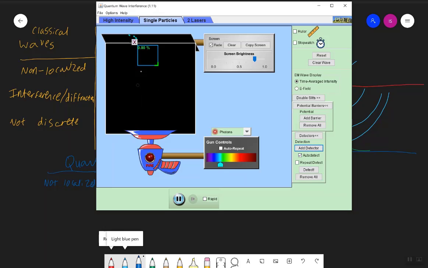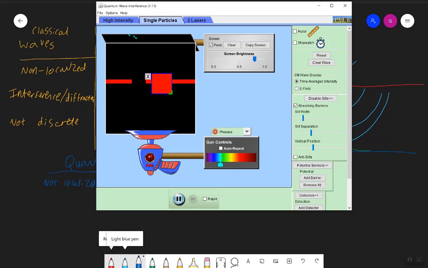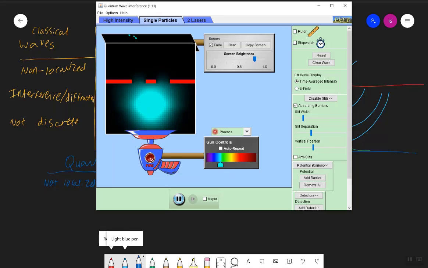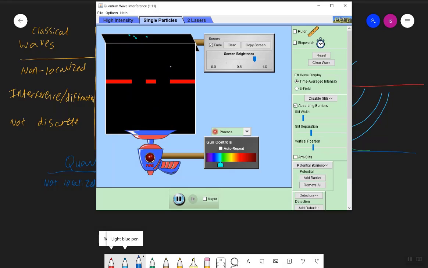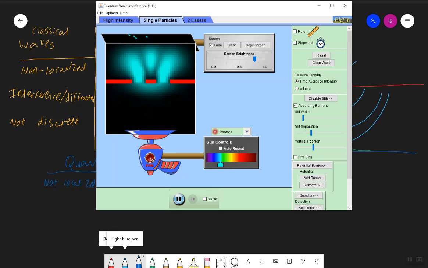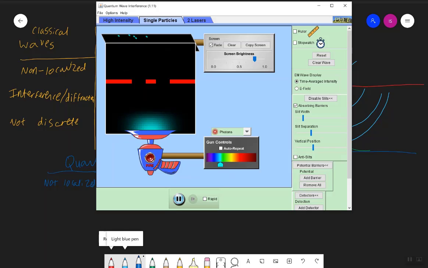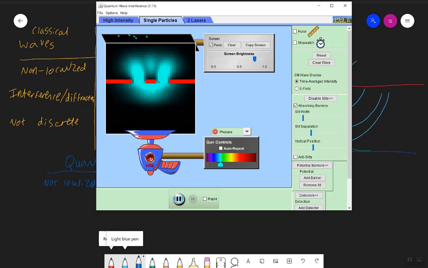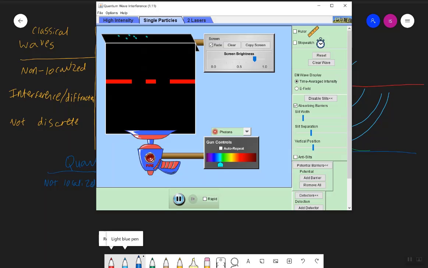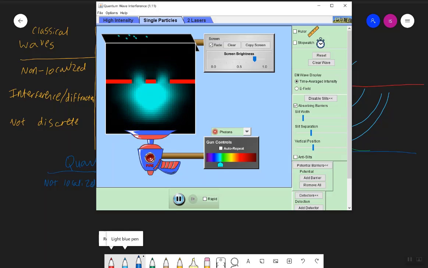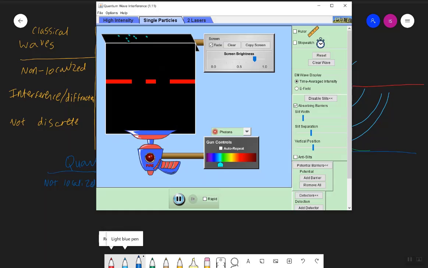I don't want a detector. I want double slits. Or sorry, I don't want the barrier. So we fire the electron. It has a probability cloud, and then we don't know which slit it goes through until we measure. So the electron is represented by this probability cloud until we measure it, and then once we measure it, it's localized. But before we measure it, it is not localized, as you can see.